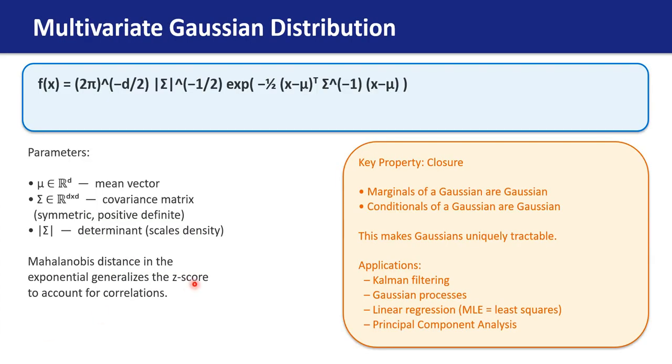Now we move to multiple dimensions. The multivariate Gaussian is the most important distribution in statistical machine learning, computer vision, Kalman filtering, and Gaussian processes.